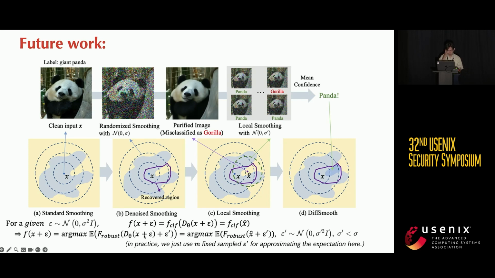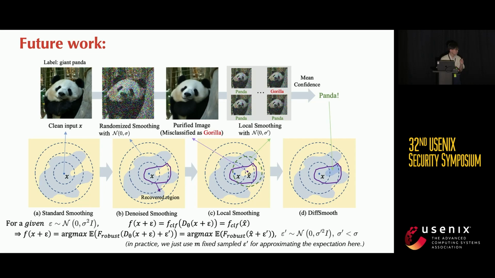And for future work, one interesting factor we can consider is that if we have a better diffusion model, then the recovered region will shrink. Then with local smoothing, we can guarantee the P_L will be closer to 1, and the corresponding certified accuracy will be much higher.